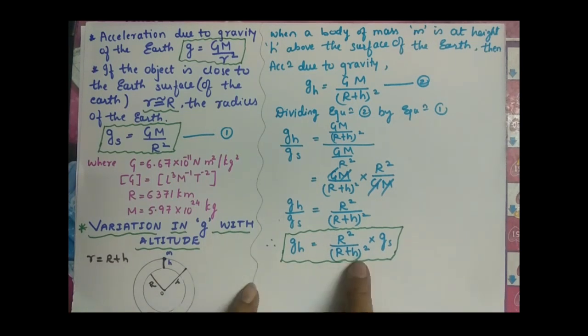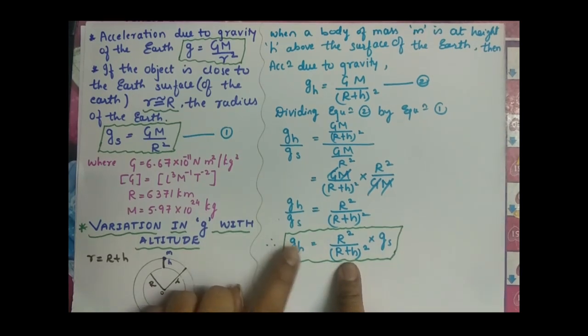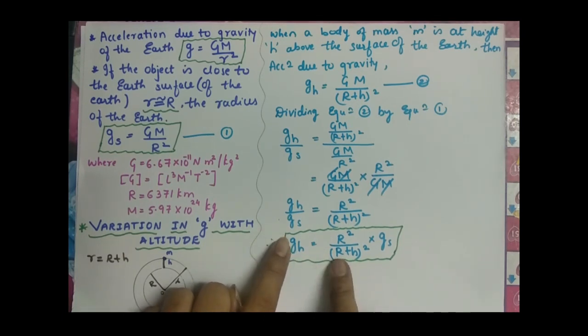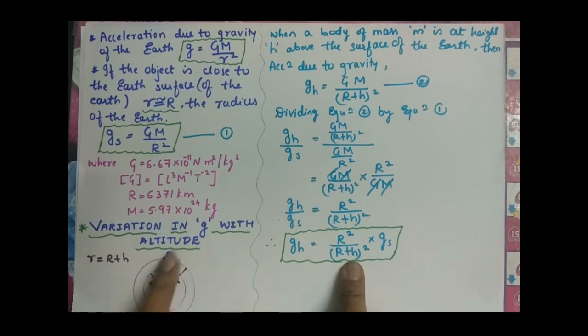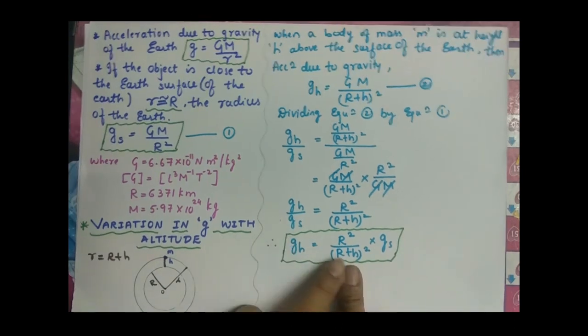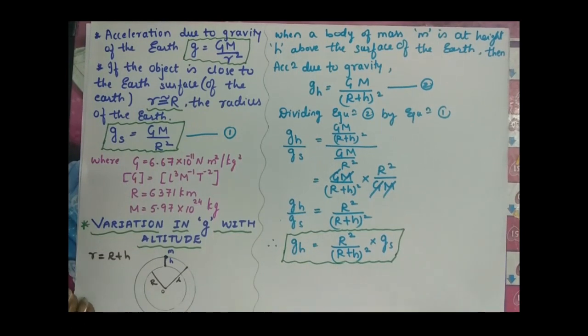Here, R plus H is in the denominator and gravity at height H is in the LHS and it is in the numerator. So, GH is in LHS and it is in numerator, and R plus H, that is the height from the center of the earth to that object or a body of mass M, is in the denominator. So what we can conclude? They are inversely proportional. So you can conclude like this.